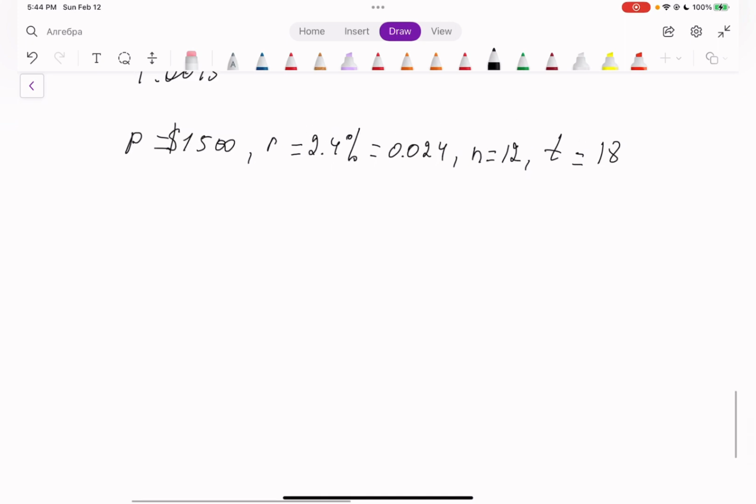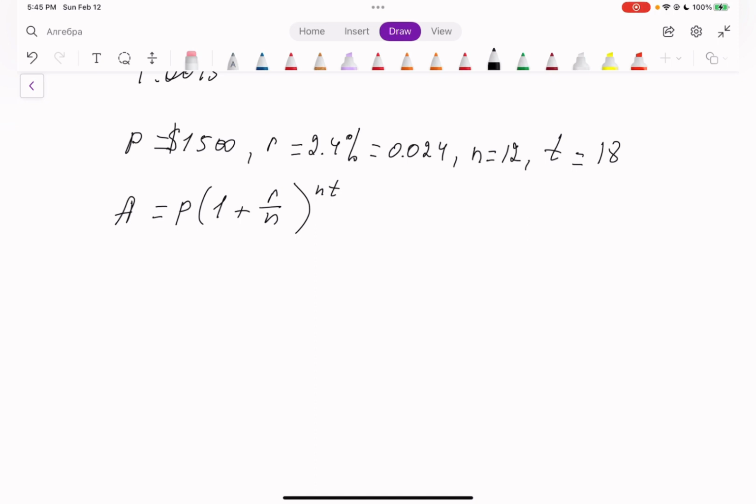So A is equal to P times 1 plus r over n, to power nt. So I'm investing 1500 now with 2.4% compounded monthly for 18 months.